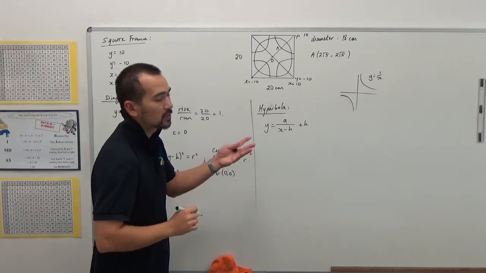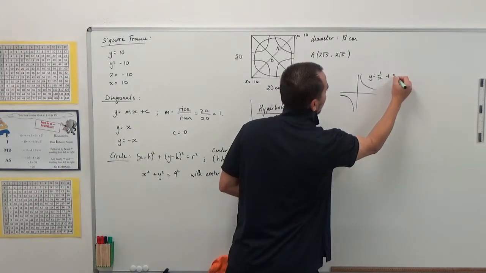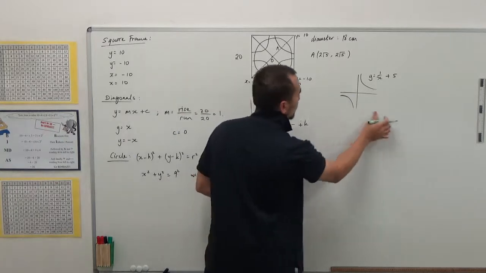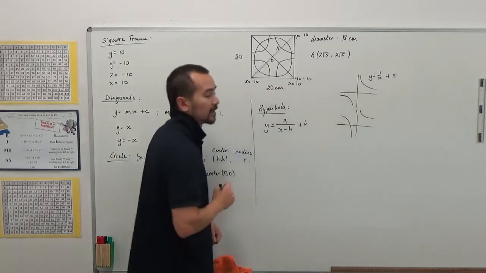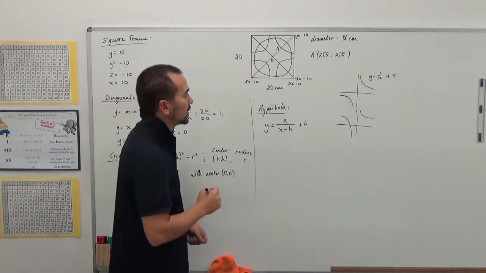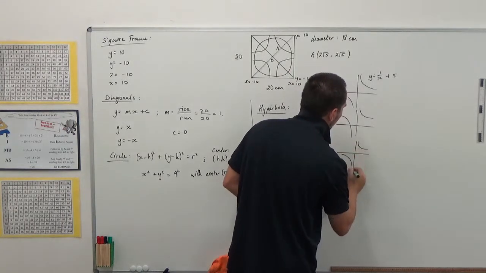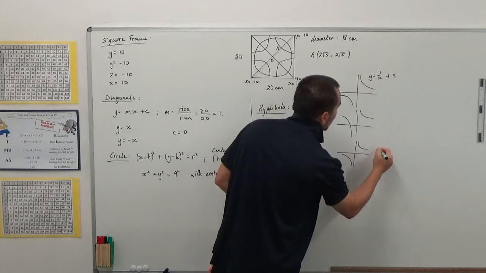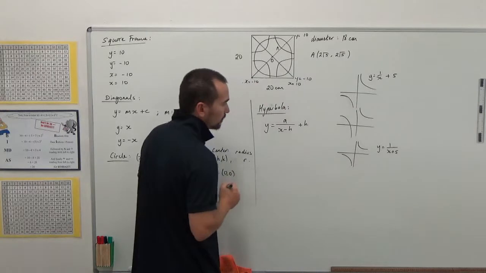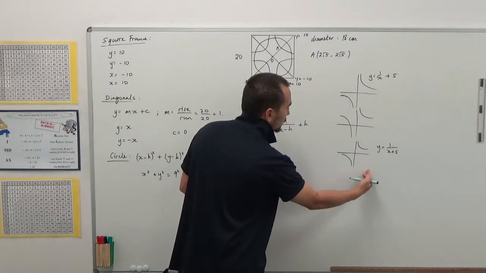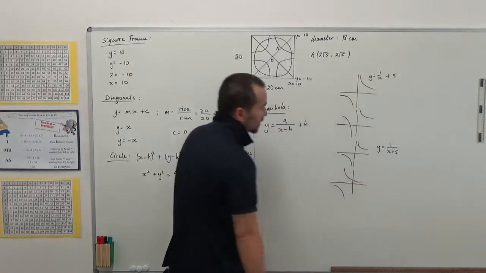Okay, so if that was the function 1 over x, then to add a value of k, let's just say it's 5, we would get that. Or if we had 1 over x again with a horizontal shift, so let's say y is equal to 1 over (x plus 5), then the shift would be to the left, and we would get that.